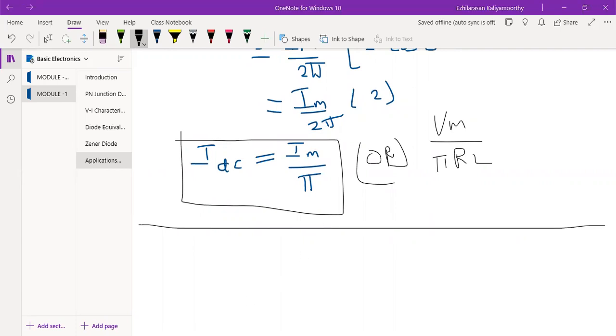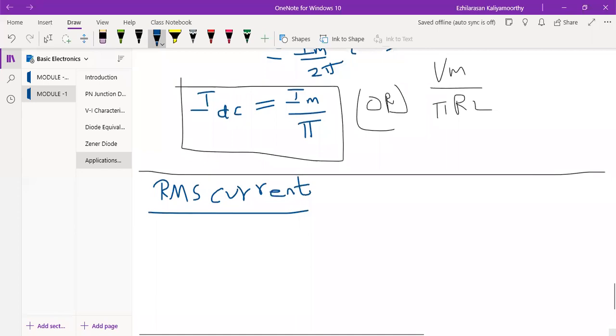Now let us calculate the RMS current, that is, the root mean square current. How we can define the root mean square current is very simple.